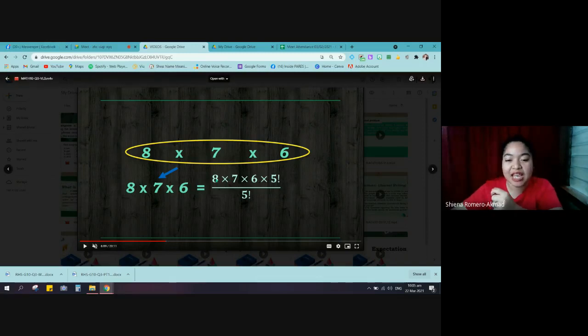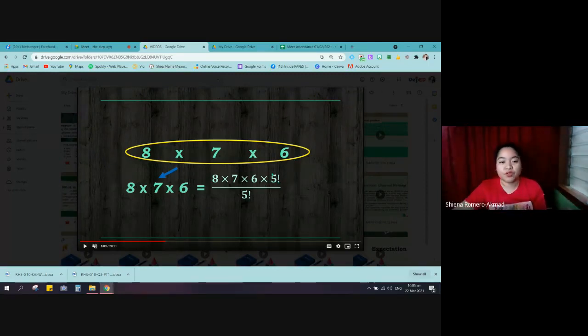Kaya sinulat ko siya as 8 times 7 times 6 times 5 factorial. Kaya lang, syempre, para makuha mo din yung 8 times 7 times 6, dapat makancel mo yung 5 factorial. So, what I did is, I write it as 8 times 7 times 6 times 5 factorial divided by 5 factorial. And both of the values in the numerator and the denominator can be expressed in 8 factorial and 5 factorial.